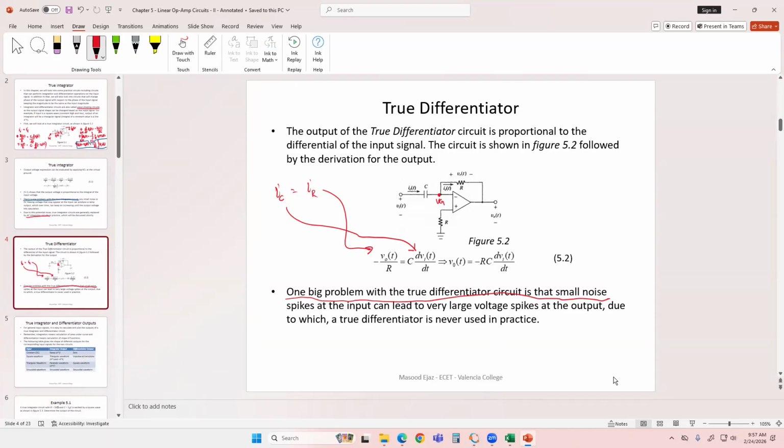I believe, I don't know, in the lab, I think we are still using true differentiator and true integrator. Let me check real quick. Lab.